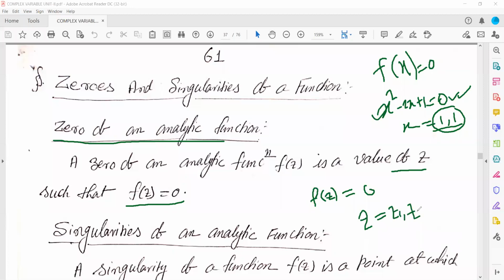If you put these values of z here, and this equation is satisfied by these values of z, then only you can say that these values of z are the zeros of the analytic function f(z).